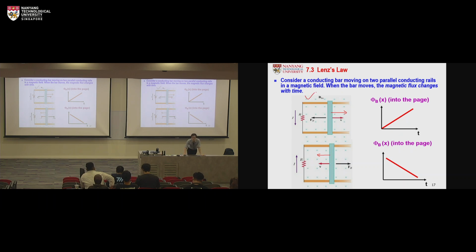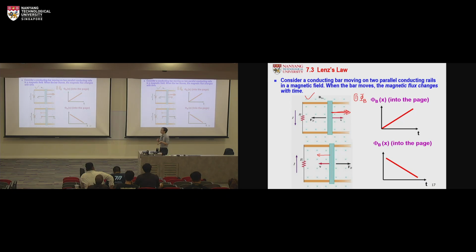So like in this scenario, when this conductor is moving along this direction, then step 1, how does the initial magnetic flux inside this loop change? Again, we are talking about this moving along this direction.